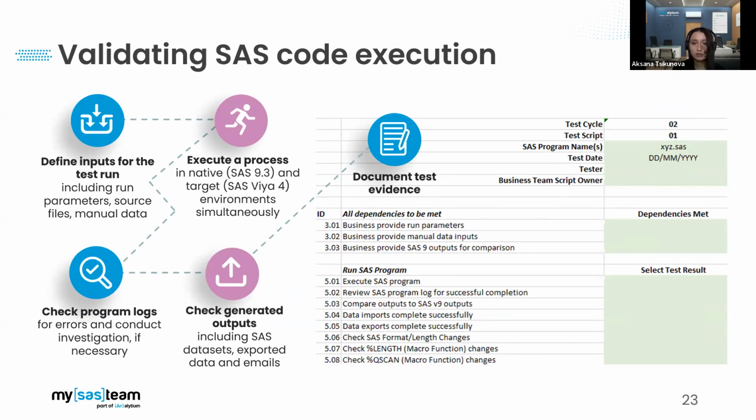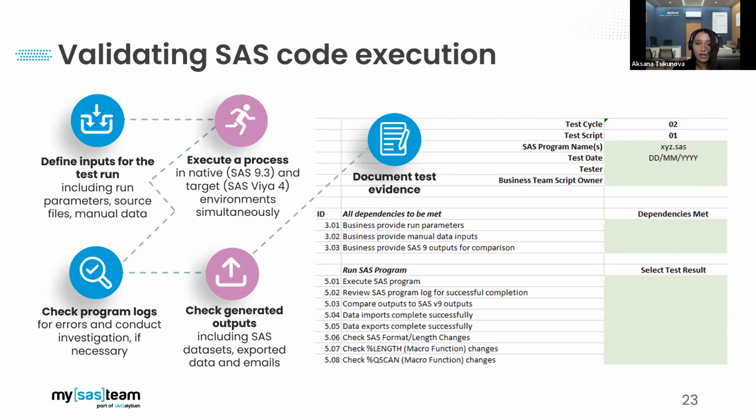The first step is to define the inputs for the test run, because usually the code includes some macro variables or paths that we need to change, and usually we need some help from the client to input those requirements. The second stage is to actually execute the process simultaneously in both environments, the target and native environments.